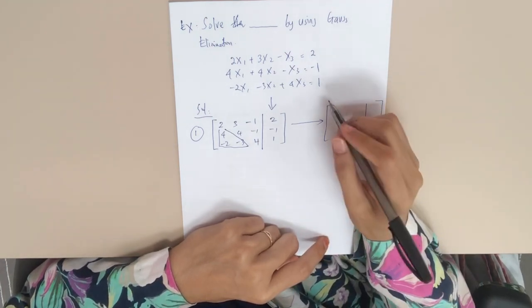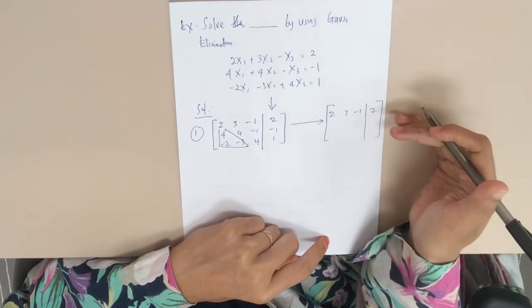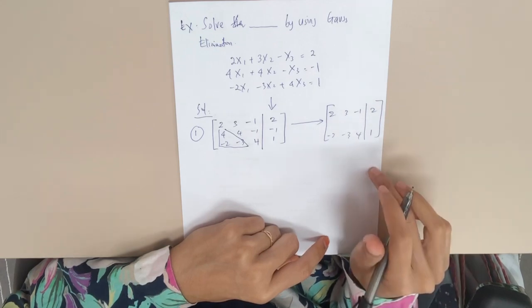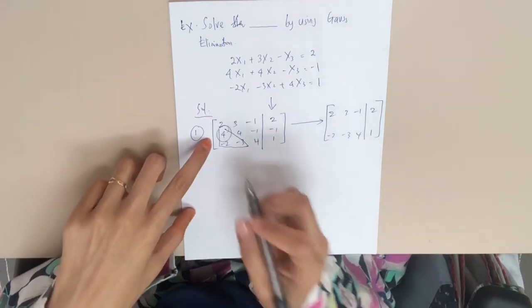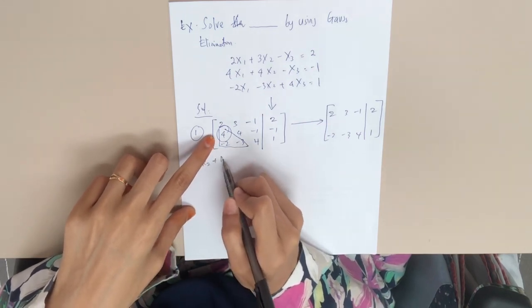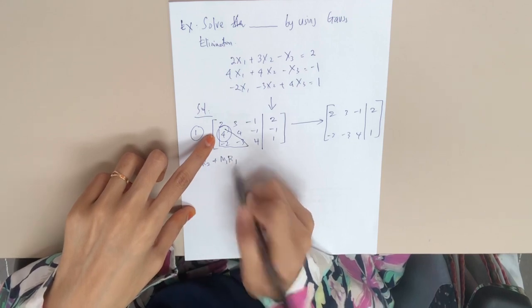Okay, so row 1 is no changes, so you can write your row 1. Row 3 also has no changes yet, so you can write your row 3. So the change now is on row 2. So row 2, 4 lies on row 2, plus M1 times R1.